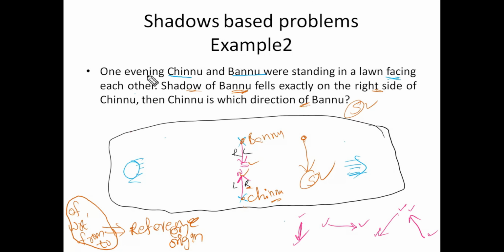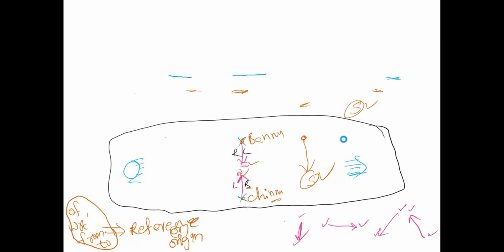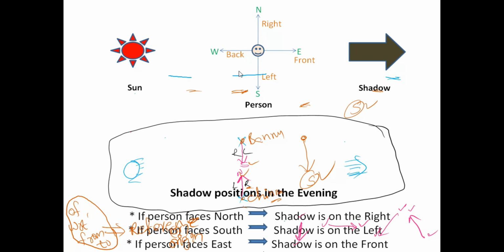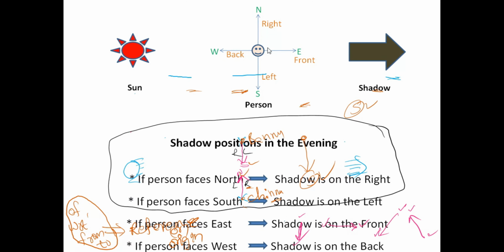Now see, evening shadow right of Chinnu. Yes, this is the evening case. Shadow is right of Chinnu means Chinnu is facing north.